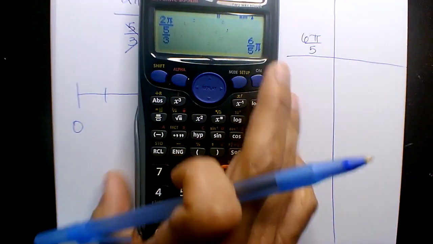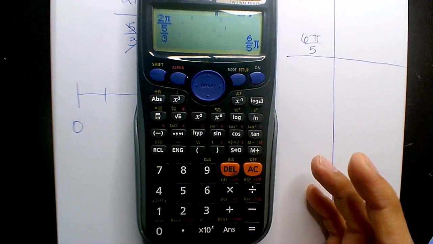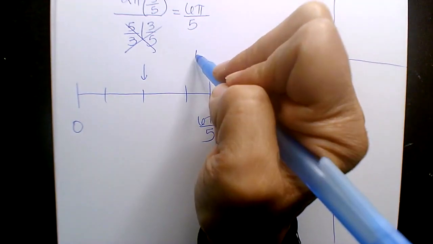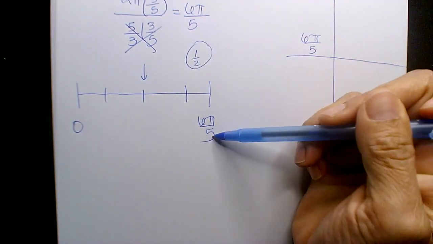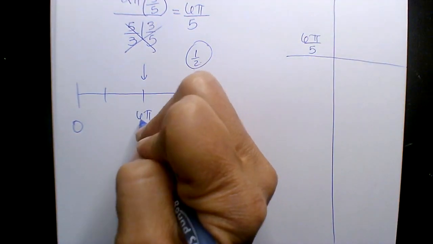If you want to have your calculator and you want to go 0.5, I wouldn't do 0.5. I would use 1/2 because what's 5 times 2? 10. So it's 6 pi over 10.